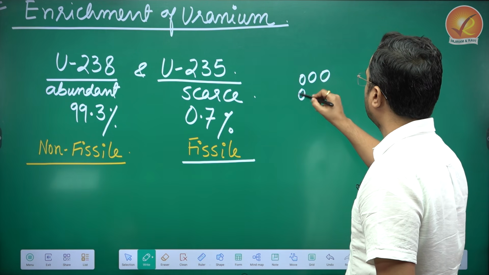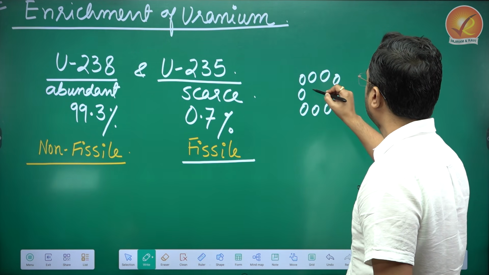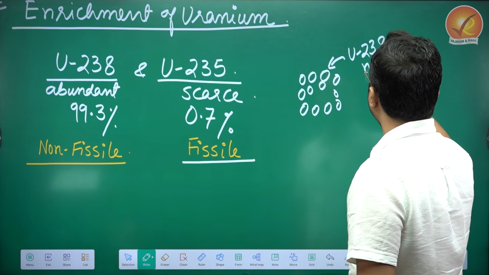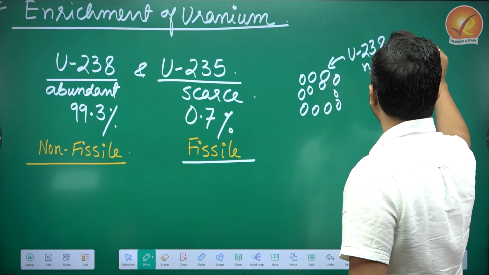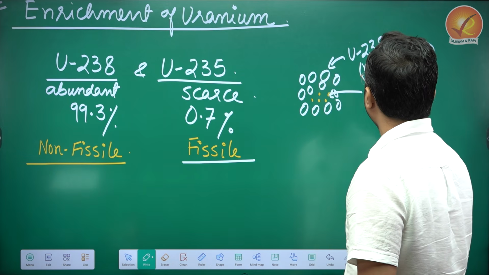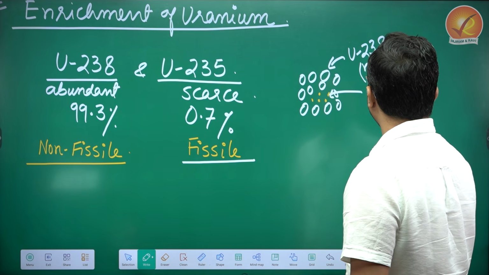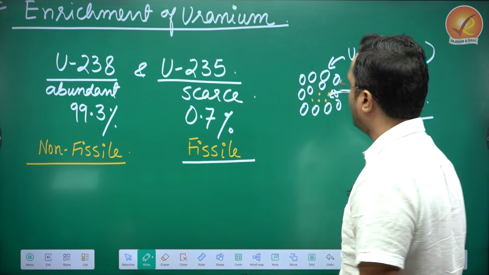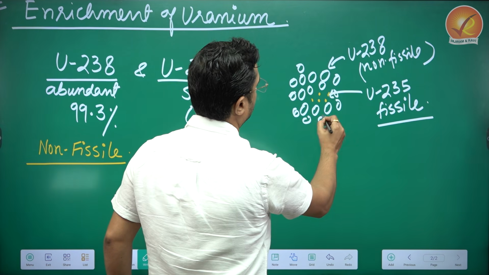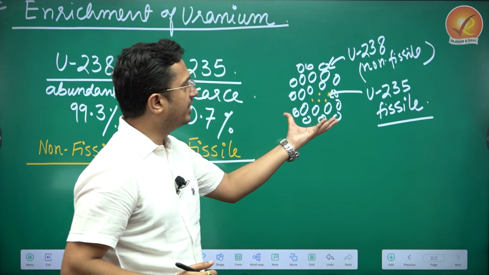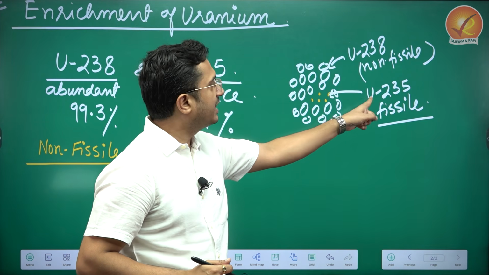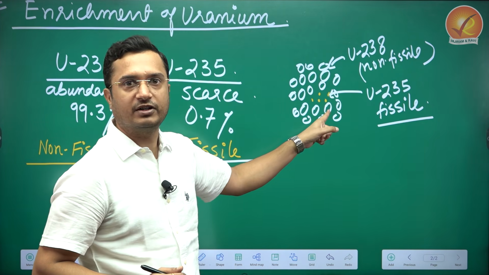Suppose these bigger circles are uranium-238, which is non-fissile, and these small dots are uranium-235, which is fissile. In natural uranium fuel, the majority of the atoms are uranium-238, which is non-fissile, and the actual fissile material, uranium-235, is very small in concentration, only 0.7%.